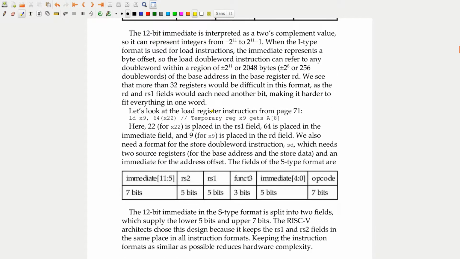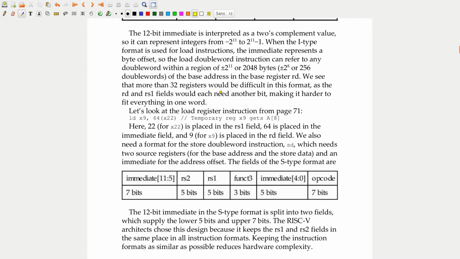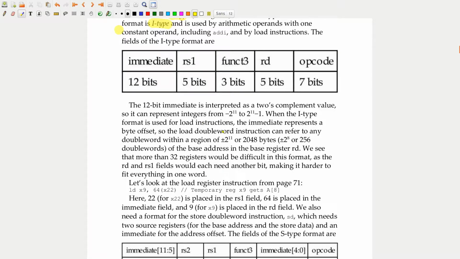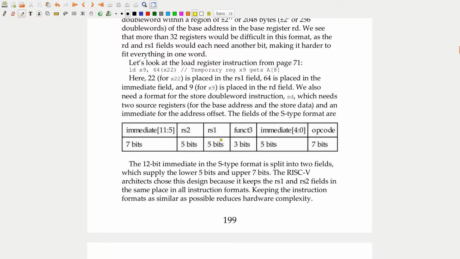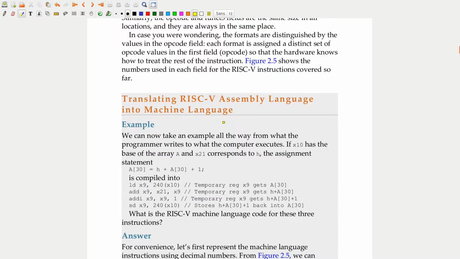Then you also have load store instructions, which are going to be S-type instructions. So we break these down into 3 different instruction classes: R-type, I-type, and S-type. R being register only, I-type being immediate, and S-type dealing with memory.